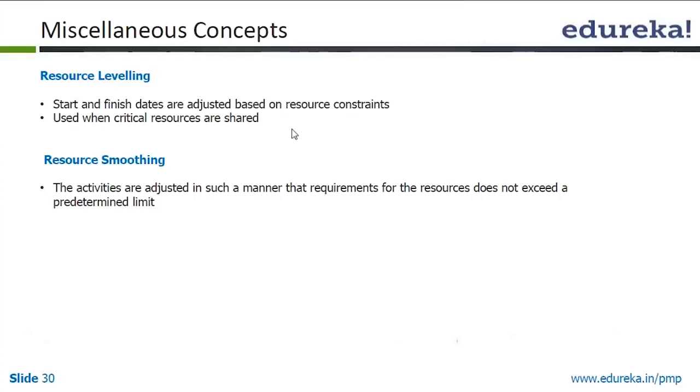In those cases what you do is you smooth the resource by reducing it to 8 hours and spilling it over to the next day. Then the start and end date of the activities change, and this might have an effect on the overall project scenario. So you need to look at how you can do it, and that's why manual and automatic both together, a hybrid model, is the best way of doing it. So you do an automatic if-else analysis and then accordingly make necessary changes.